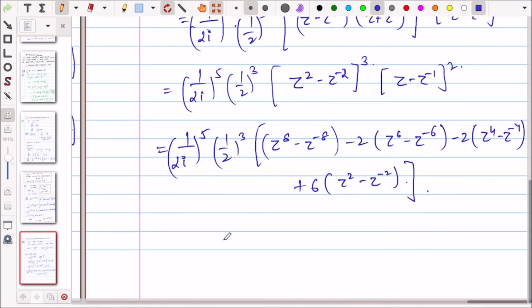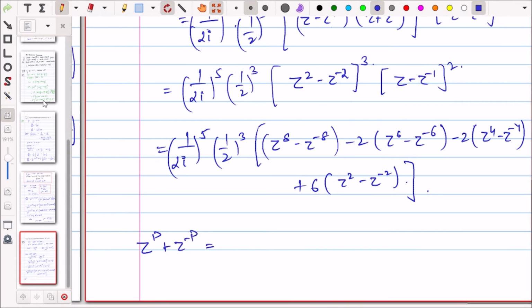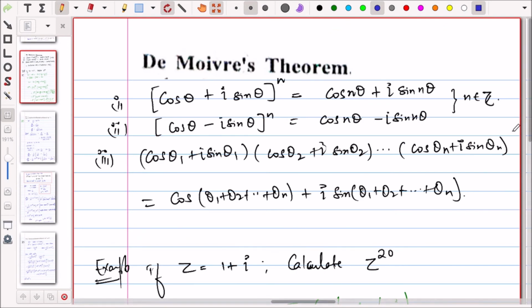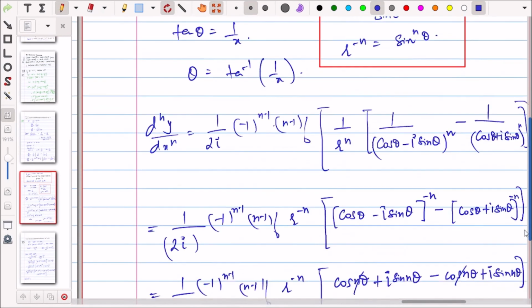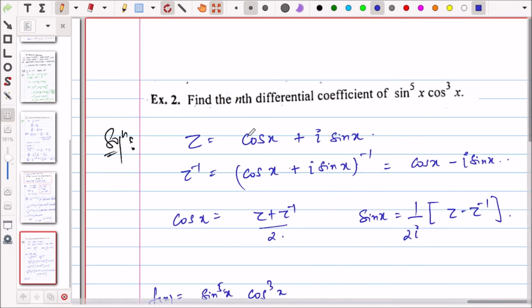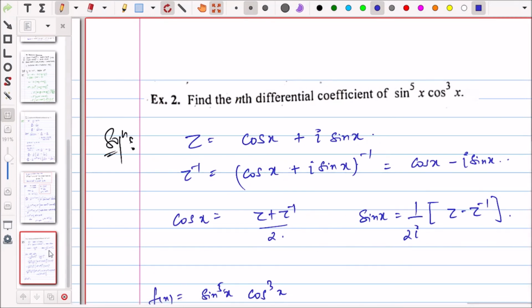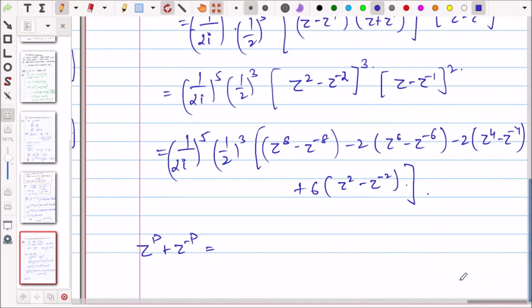अब जो है बहुत सिंपल फॉर्मूला होता है, zp प्लस z माइनस p इज इक्वल टू, सो सेम इस तरह से जैसे ये है, इसी तरह का फॉर्मूला जैसे अभी हमने ये यूज करा. Okay, cos x is z plus z inverse by 2. So same thing will happen with power also, क्योंकि डीम एवरेज लग जाता है और ये पावर के साथ it is the same thing.